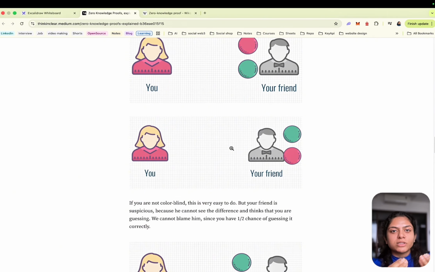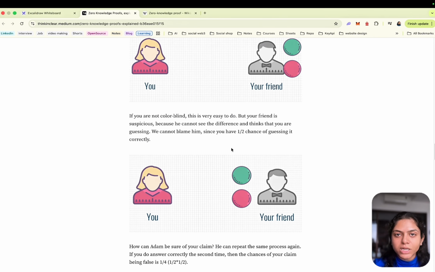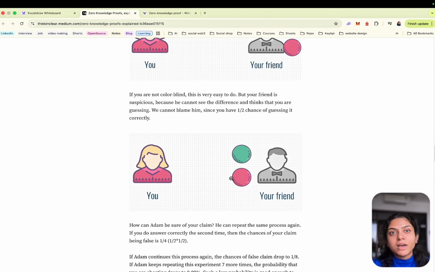Then after switching, he shows me green and pink, but I know the colors. So I tell him, you switched this. They do this many times, and after he knows whether I am right about the switch or not, he also understands that yes, there are two different colors.